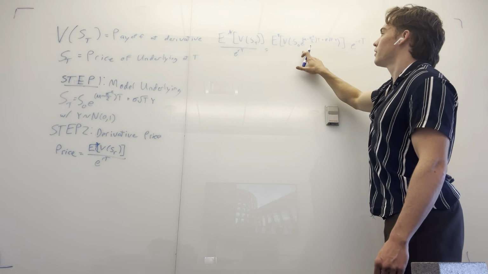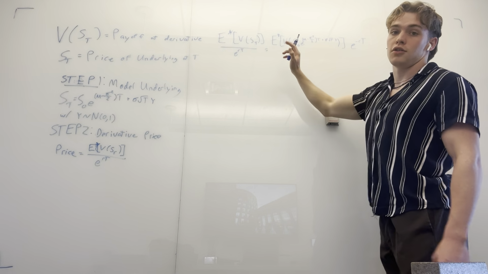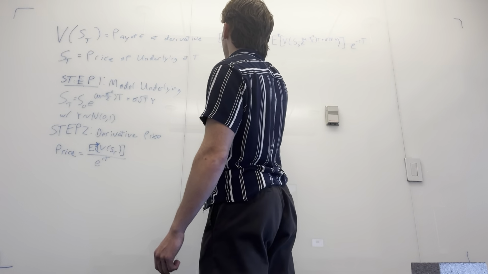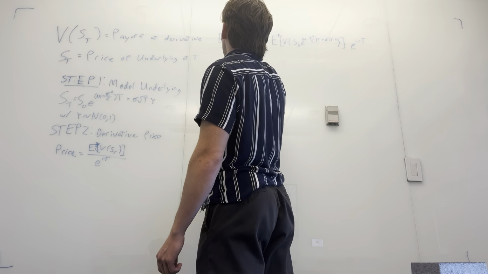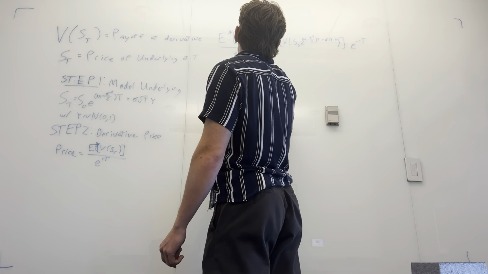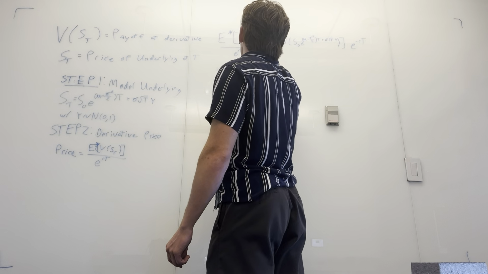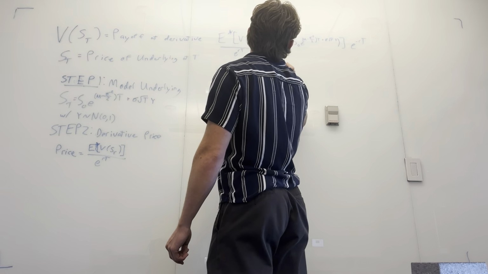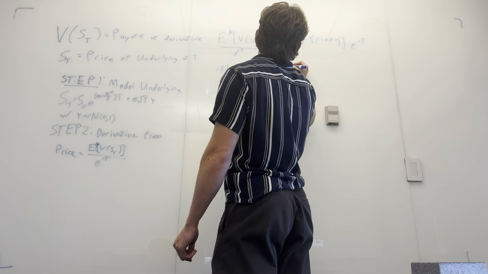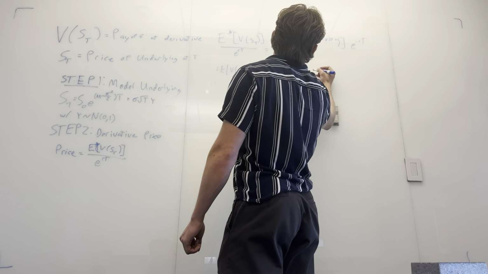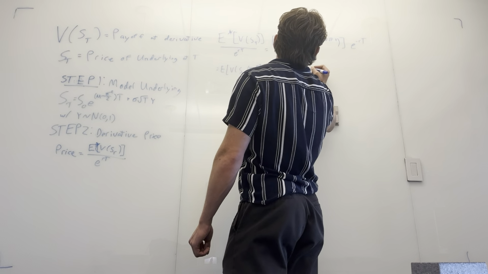Now, by what I believe is called Girsanov's theorem, we can actually take this thing and say that this is equal to the normal expected value times e to the mu minus sigma squared over 2 T plus sigma root T y, e to the minus RT.